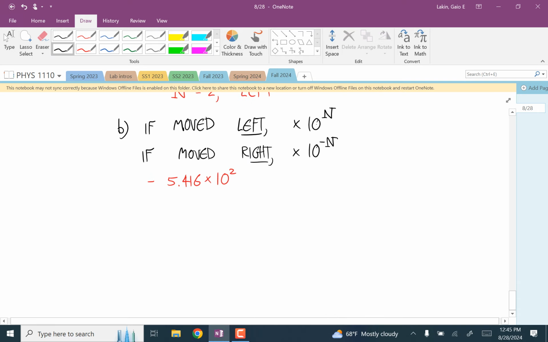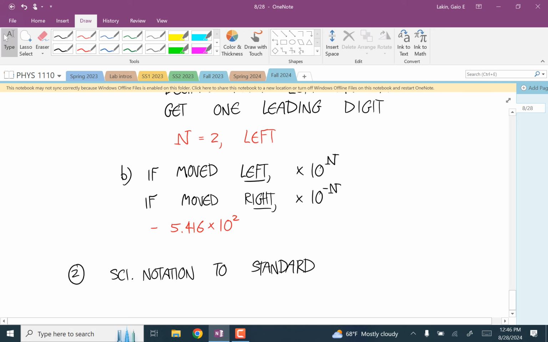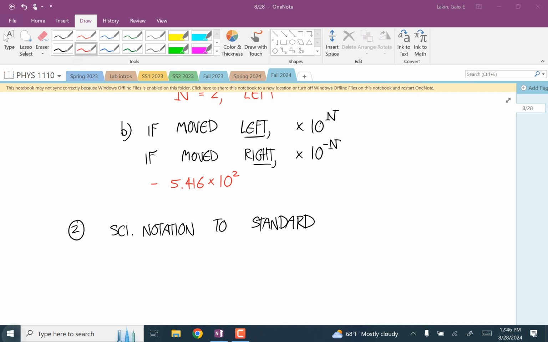The second thing you have to be able to do is go from scientific notation to standard notation. And I'll do this with the number, so I'll start with 6.52 times 10 to the minus fourth.